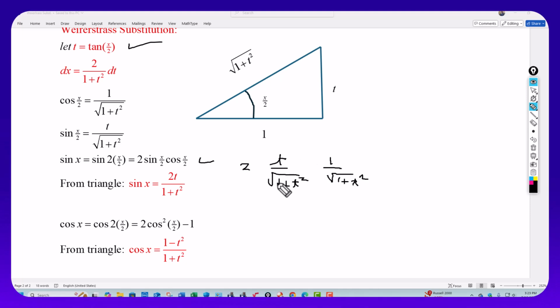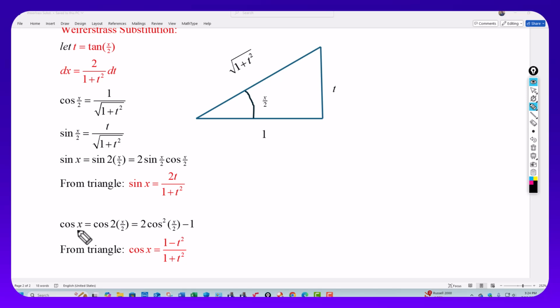Multiply this out, square root of 1 plus t squared times the square root of 1 plus t squared gives me 1 plus t squared. And then 2 times t times 1 gives me 2t. So if you're doing the substitution for t equal tangent of x over 2, you're going to replace the sine by 2t over 1 plus t squared.